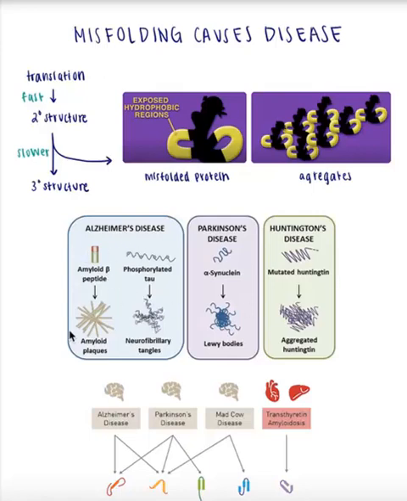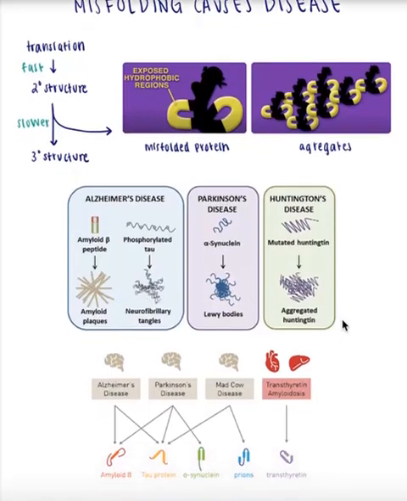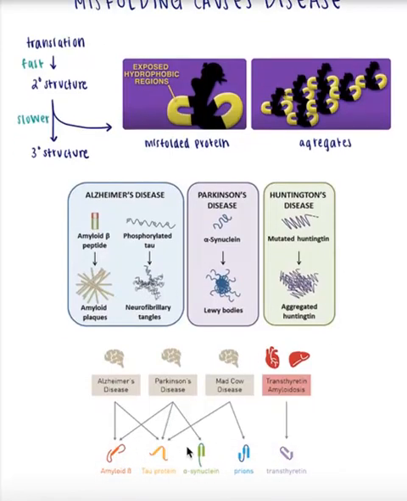So this picture is showing 3 different diseases. We have Alzheimer's, Parkinson's, and Huntington's. The top row is going to be what the protein should look like, but then the bottom row shows what happens if they get misfolded and form those aggregates. Those are what's going to lead to the diseases. And the picture below is just showing you additional versions of proteins that can be misfolded.